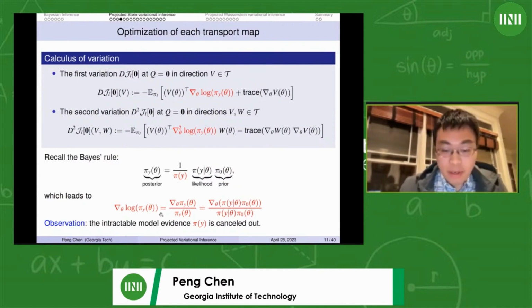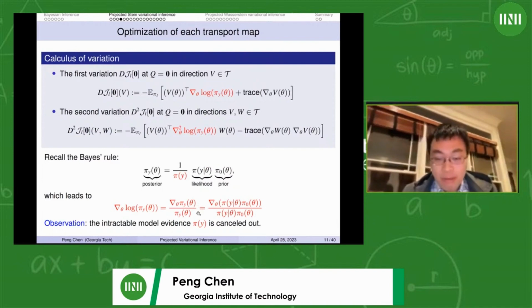Once you take the gradient, you get rid of the normalization constant, or the model evidence, because the model evidence is typically a high-dimensional integral that is intractable to compute. But with this gradient computation you can get rid of it, and you only need to evaluate the prior density and the likelihood function, and that's it.